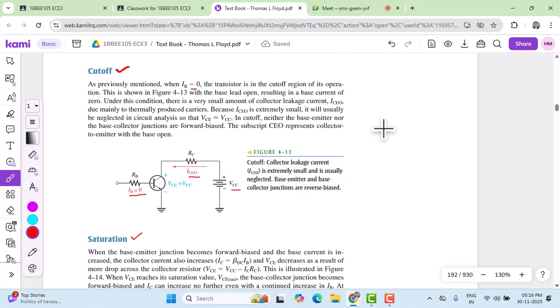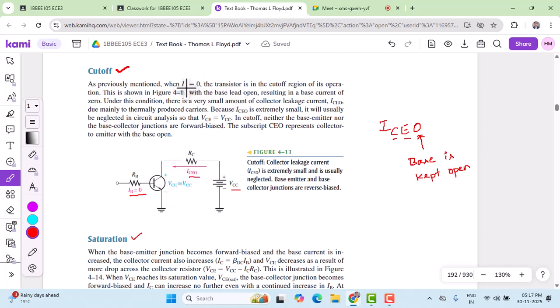So this O indicates that the base terminal is open. Such a current flowing from collector to the emitter is called ICO.